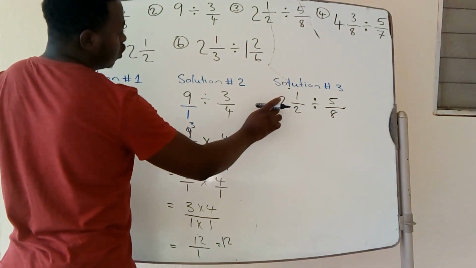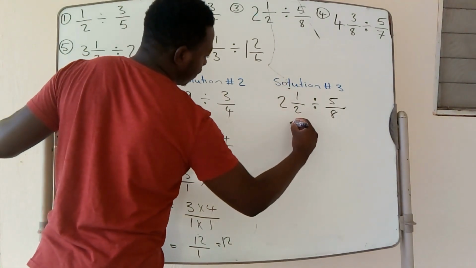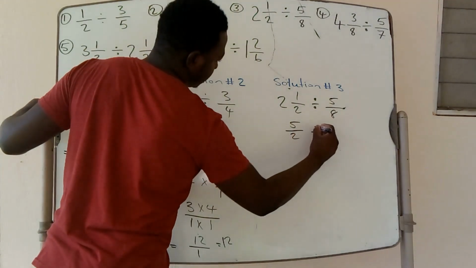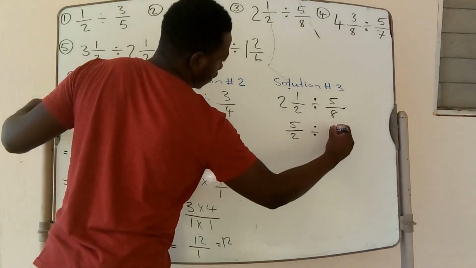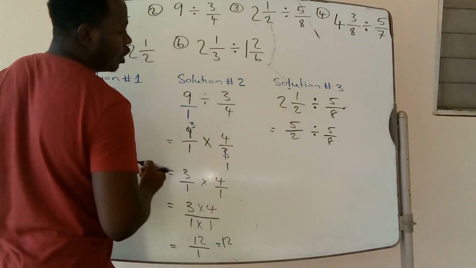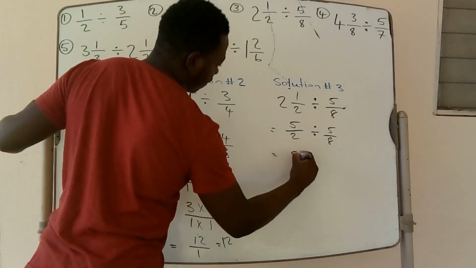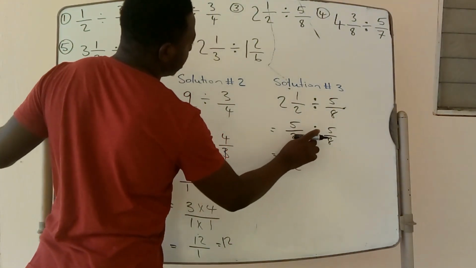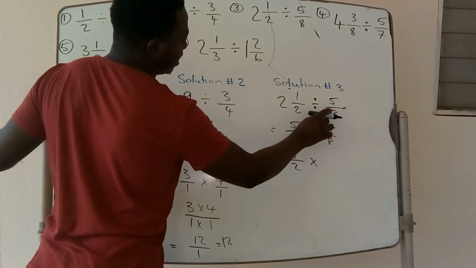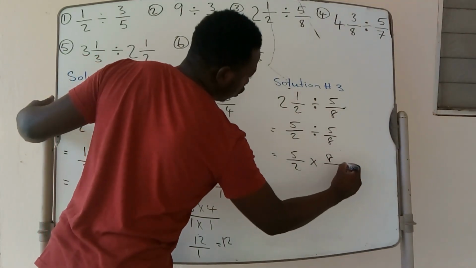So 2 times 2, that's going to be 4, plus 1, that's going to be 5 over 2 divided by 5 over 8. What we're going to do now is to keep our first fraction, which is 5 over 2, change the division sign to multiplication, and invert the second fraction, or the last fraction, which is 8 over 5.